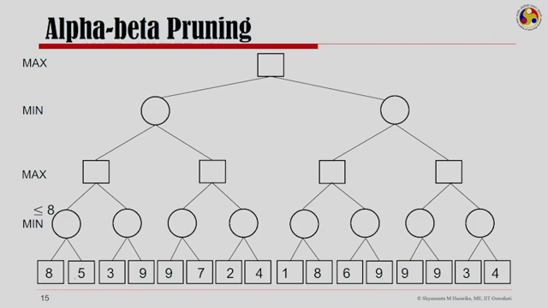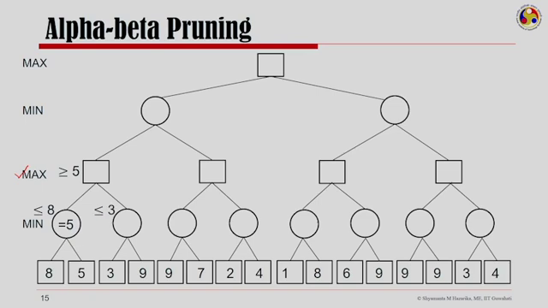The moment I see the next leaf node, which is 5, I revise that value and say that it is not 8 but 5. I back that value up one more time, and now at the max level here, I can write that it should be greater than or equal to 5.